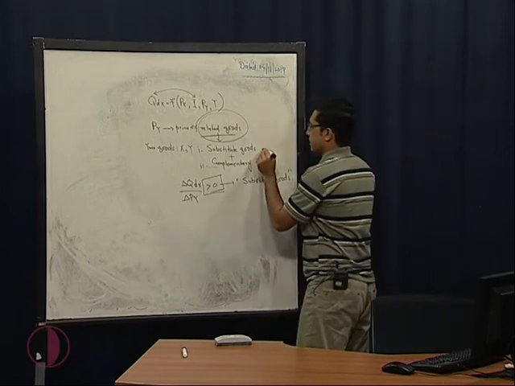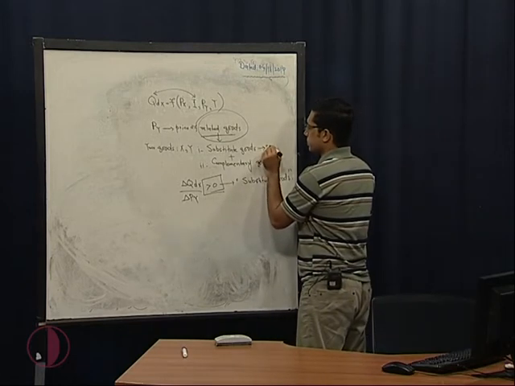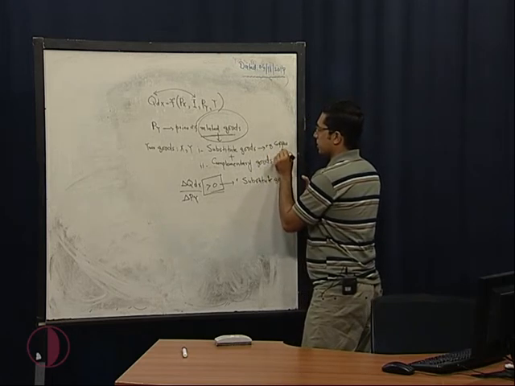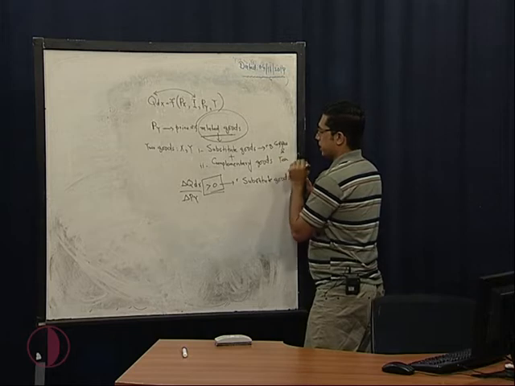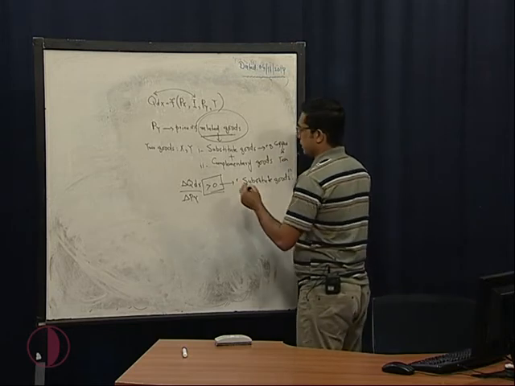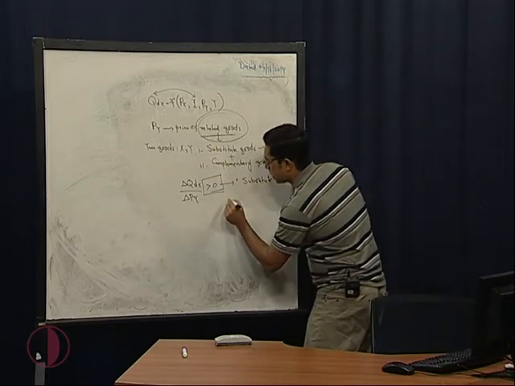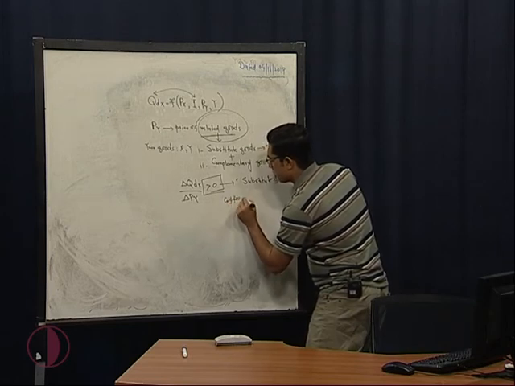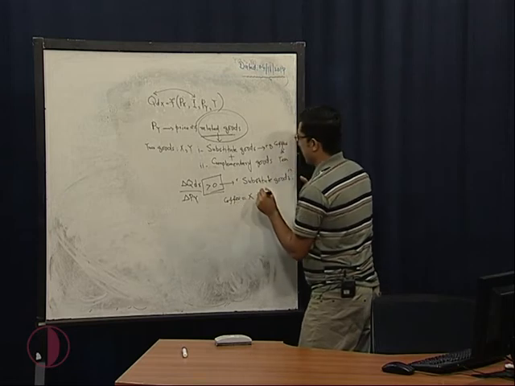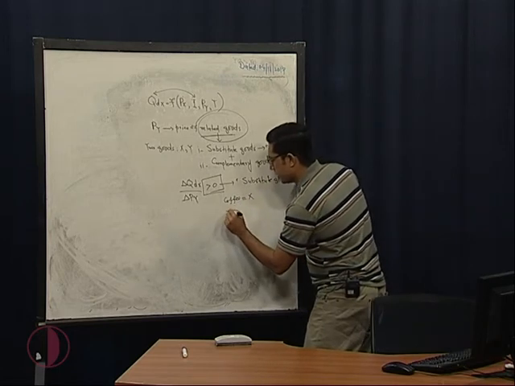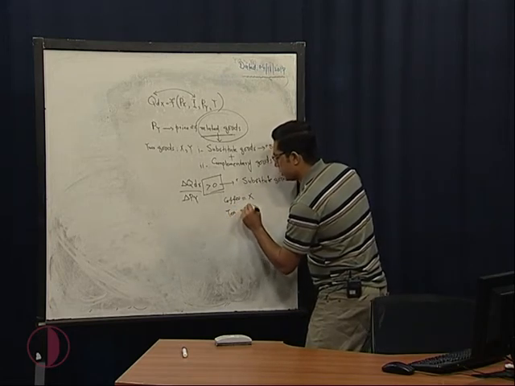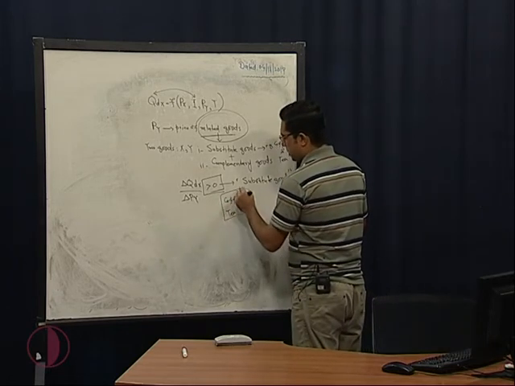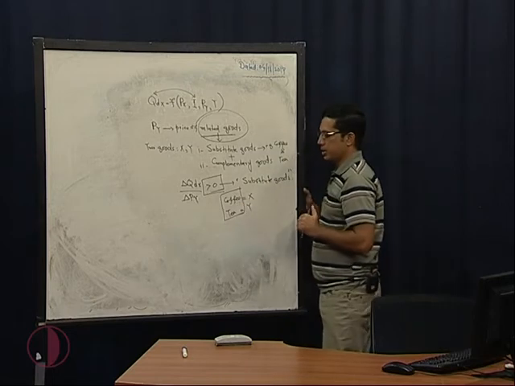Substitute goods mean, for example, coffee and tea. For example, coffee is commodity X and tea is commodity Y. Now both these goods are substitutes.